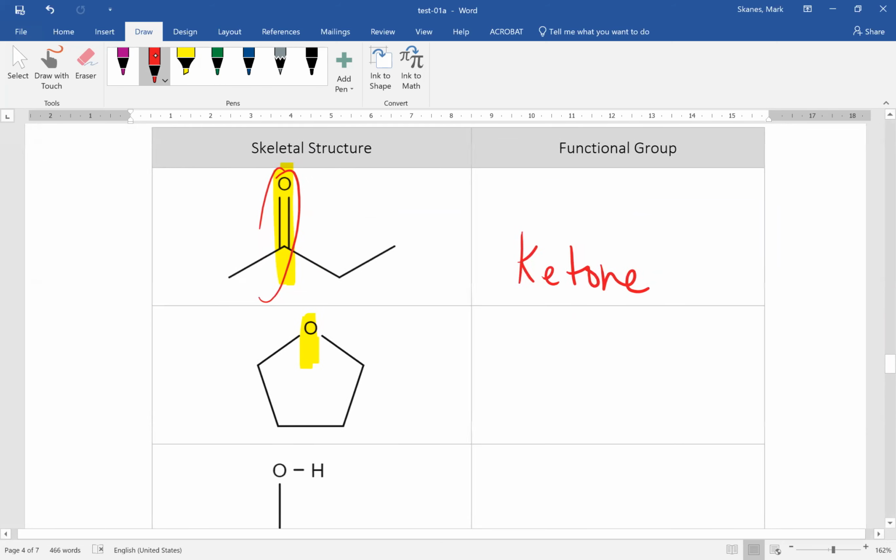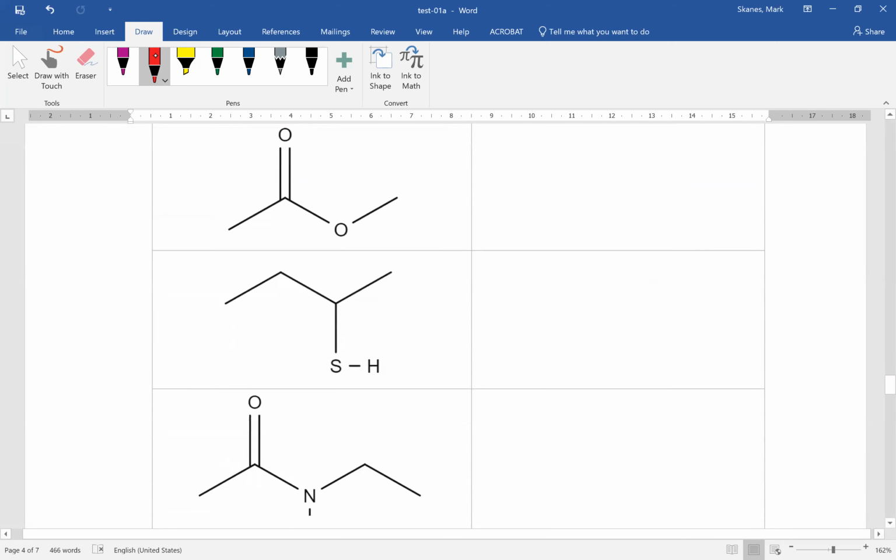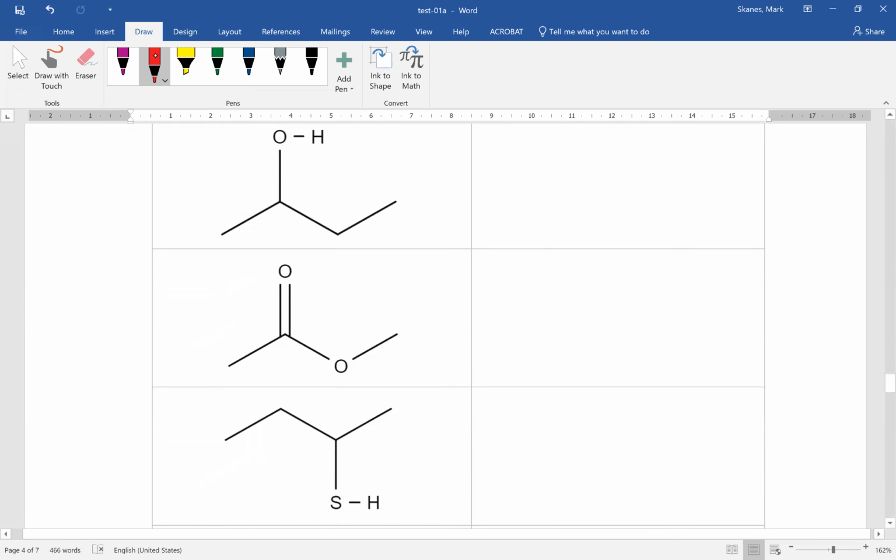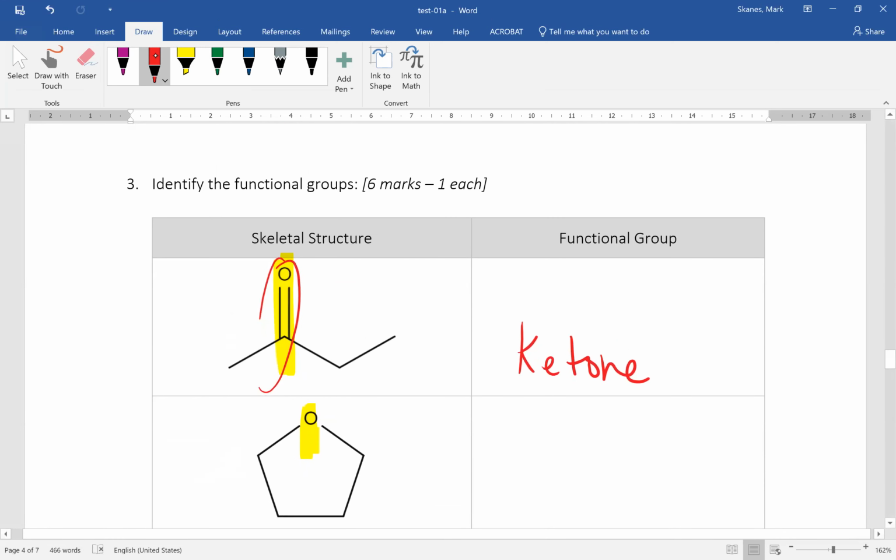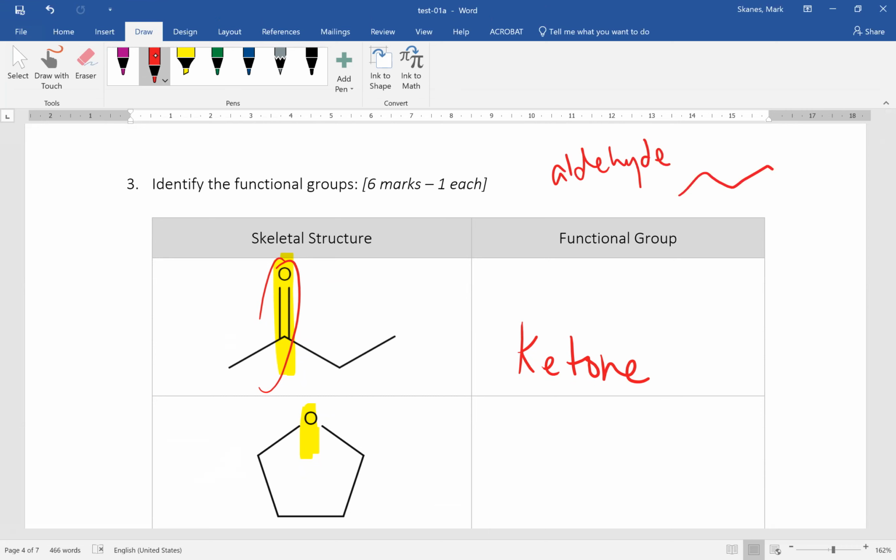I don't know if I have an aldehyde on this page. I do not. But an aldehyde is when the double bond is at the end of the chain. So an aldehyde would look like this, where the double bond O is at the end of the chain.